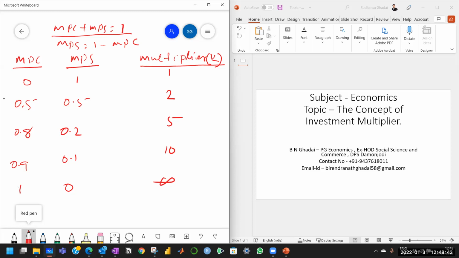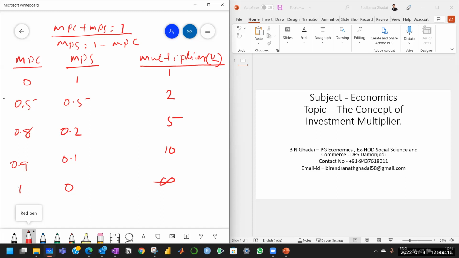As the MPC goes on decreasing from 1 to 0.5, 0.2, 0.1, the value of multiplier goes on decreasing. And from this side, as the value of MPS is increasing, the value of multiplier is decreasing. So the value of multiplier is inversely, negatively related to the marginal propensity to save, but directly related to the marginal propensity to consume.